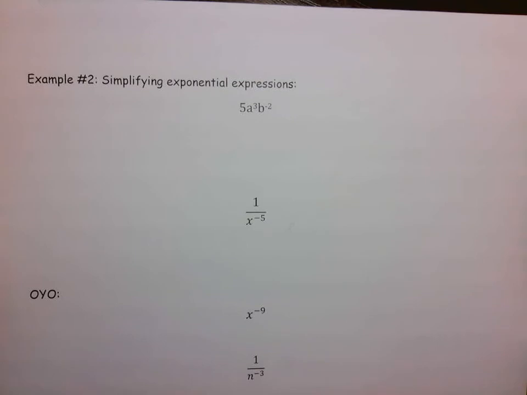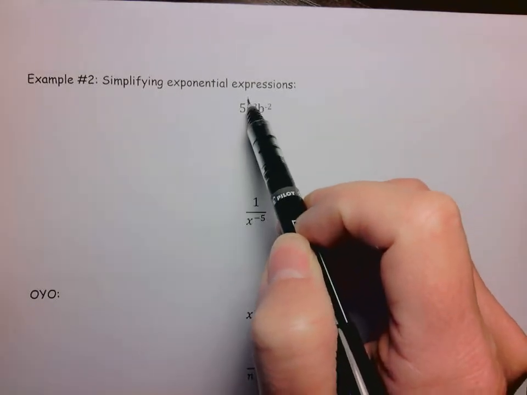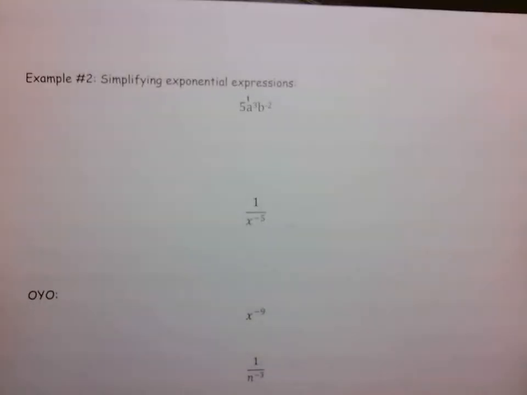Example number 2. Now we're going to take those rules that we just learned and apply them to more complicated situations. So I have 5a to the third power times b to the negative second power. Remember, whenever you don't see an exponent written, that means the exponent is 1. So if I just have 5, that means 5 to the first power.